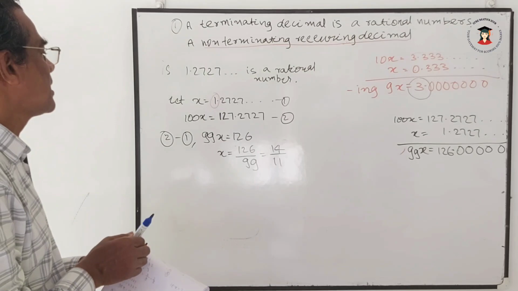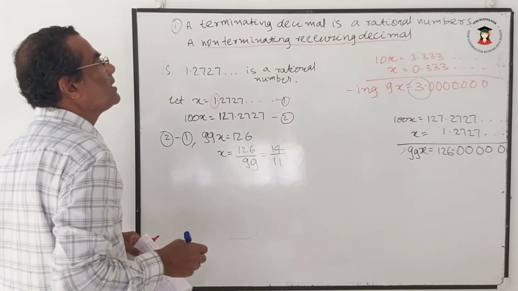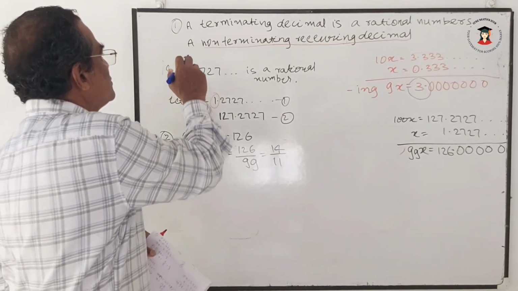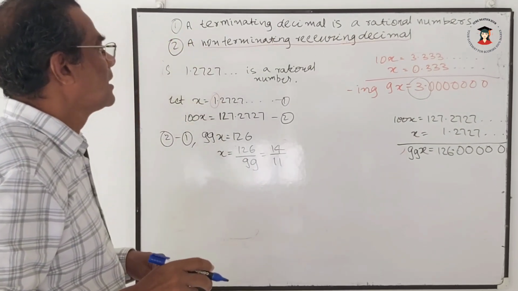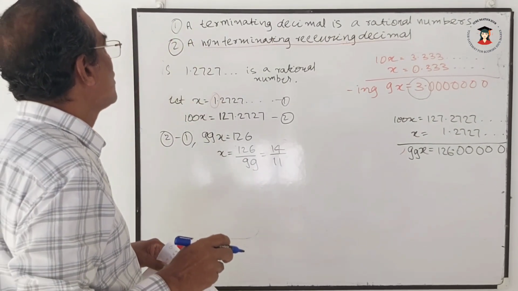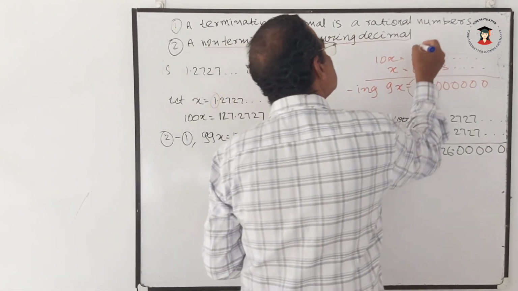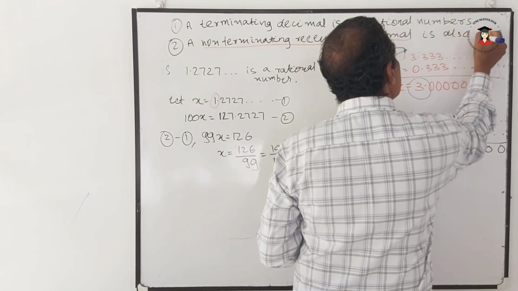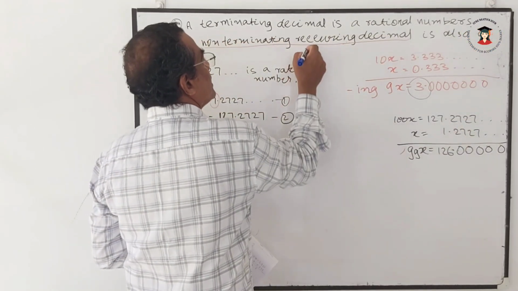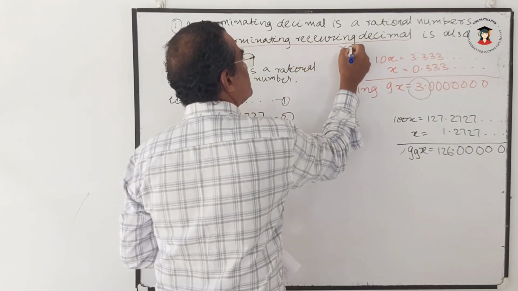So in this example also we obtained that it is a rational number. So let me write that conclusion here. And non-terminating recurring decimal is also a rational number.